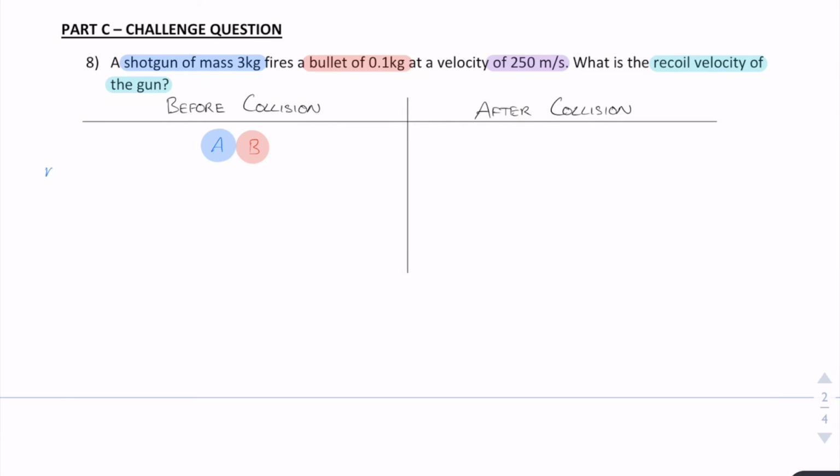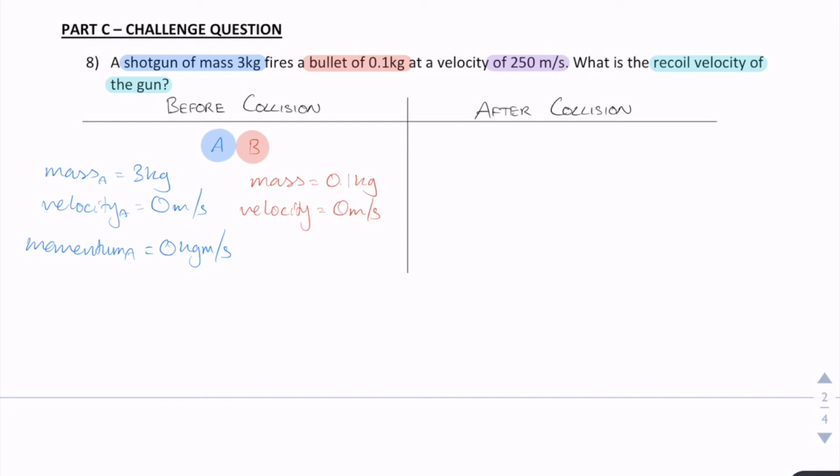So we know the mass of body A is 3 kilograms and the velocity of A is 0 meters per second. What about B? B has a mass of 0.1 kilograms and a velocity of 0 meters per second again. So momentum in both cases is equal to 0.